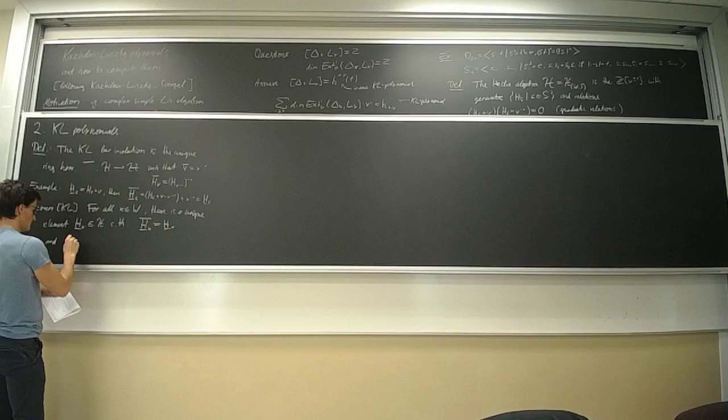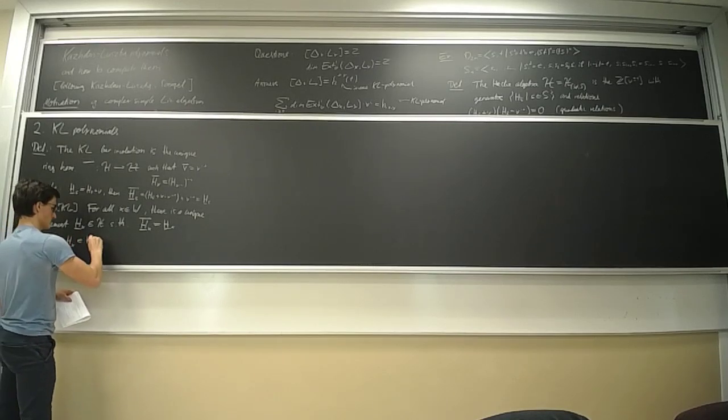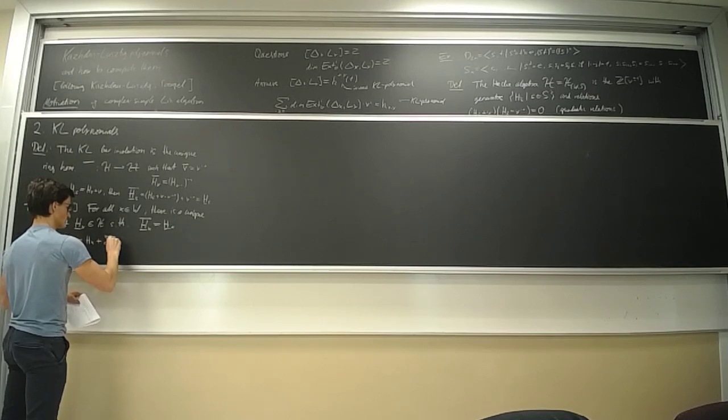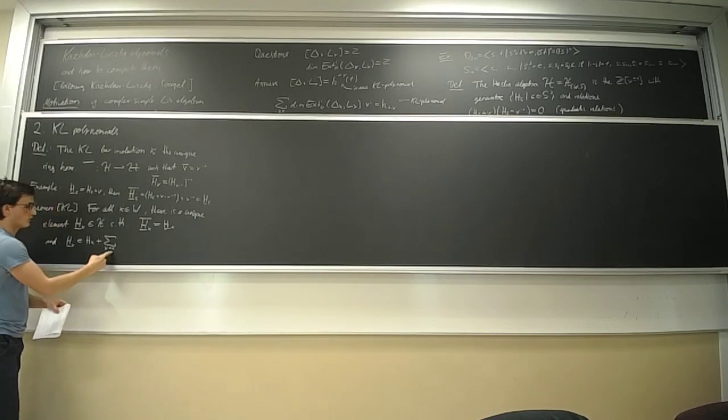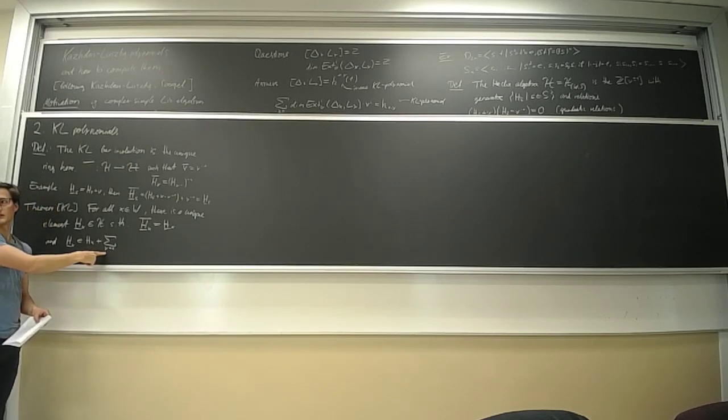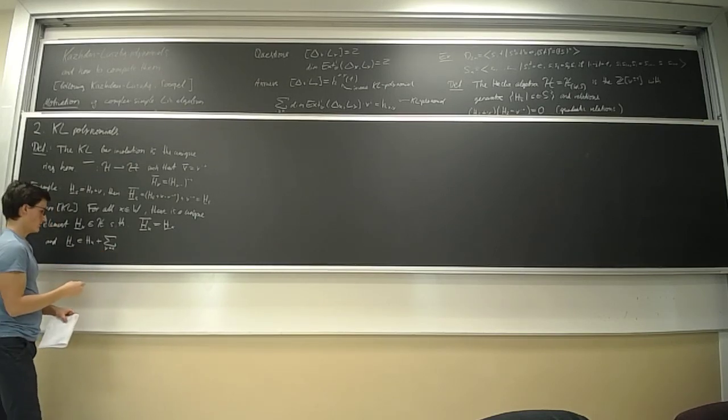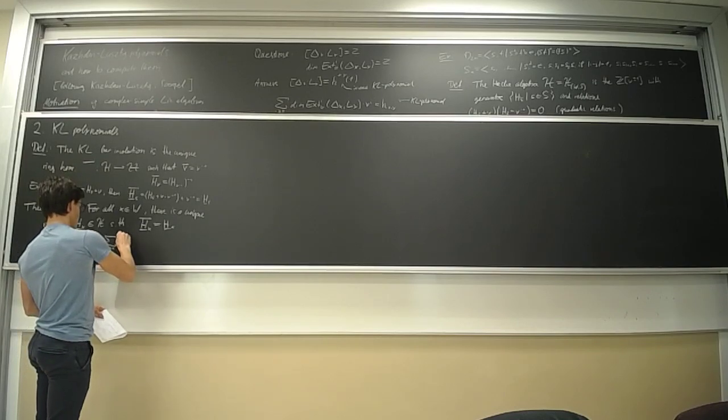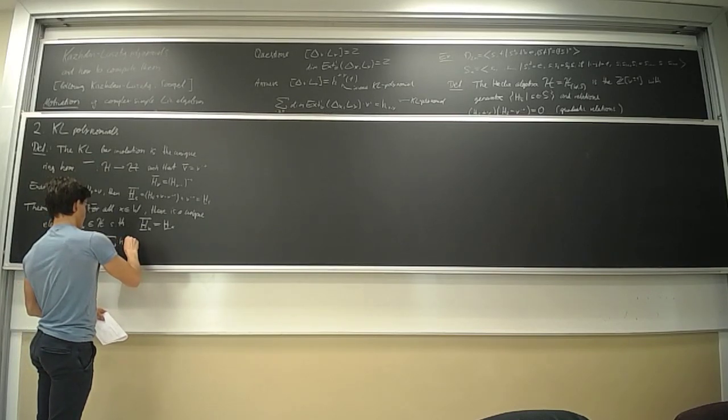So you can write h underline x as H_x plus a sum over elements y that are below x in the Bruhat order of the Coxeter group that we started from.